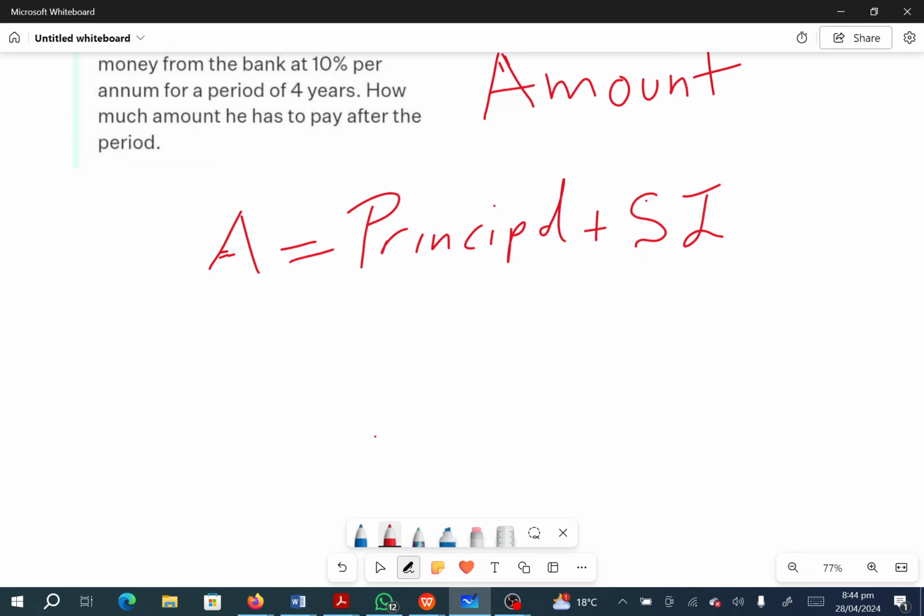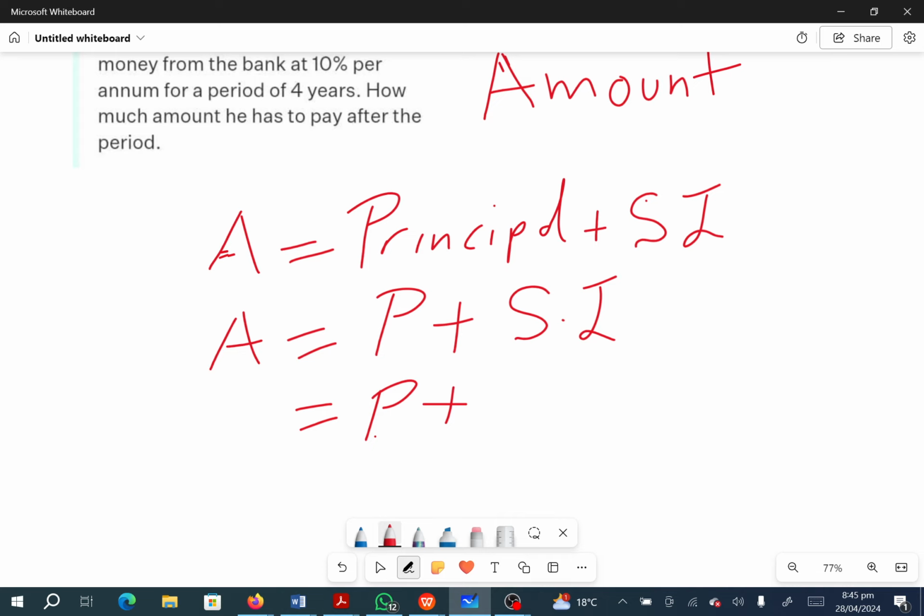So we break down this formula. Amount is equal to principal, denoted by the letter P, plus simple interest. Then we are saying principal plus PRT, so the PRT we are replacing with the simple interest formula.